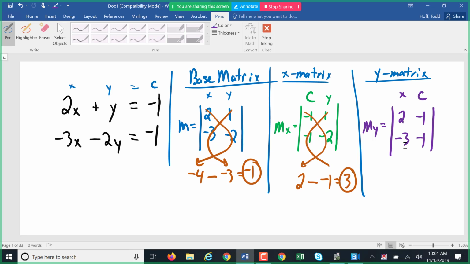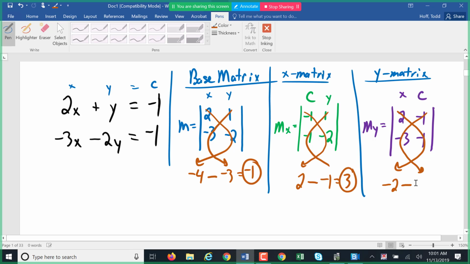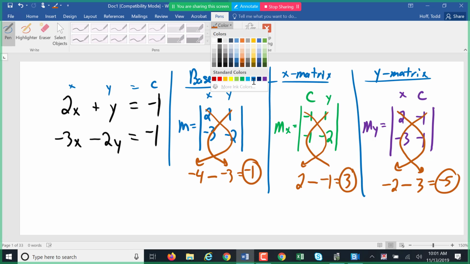So the X coefficients are 2, negative 3, and the constants are still negative 1 and negative 1. So our down diagonal, 2 times negative 1 is negative 2, minus the up diagonal, negative 3 times negative 1 is a positive 3. Negative 2 minus 3 is a negative 5 for the determinant of the Y matrix.